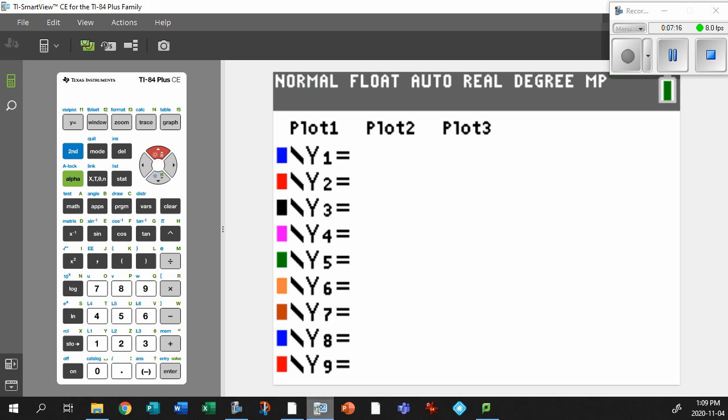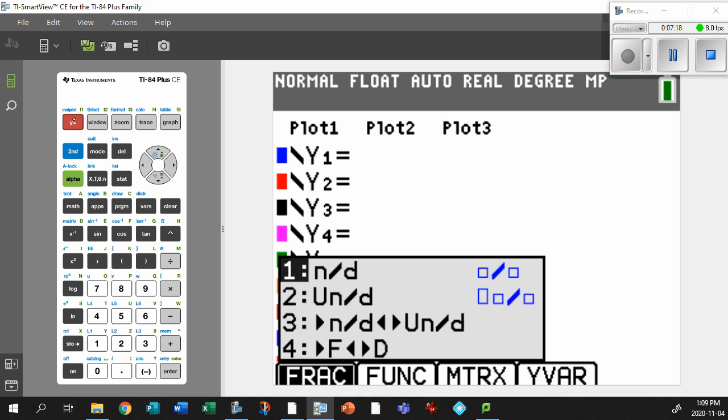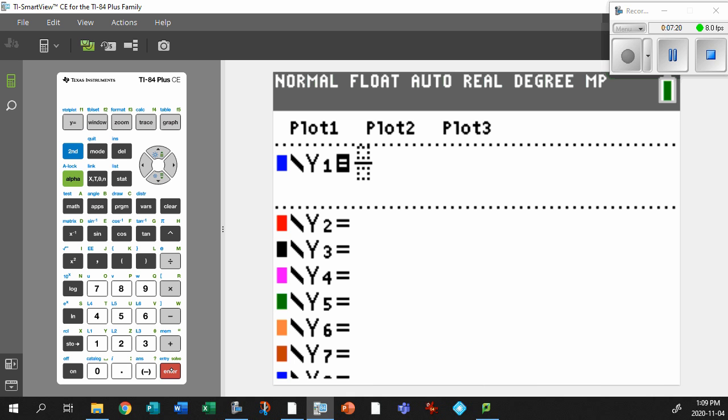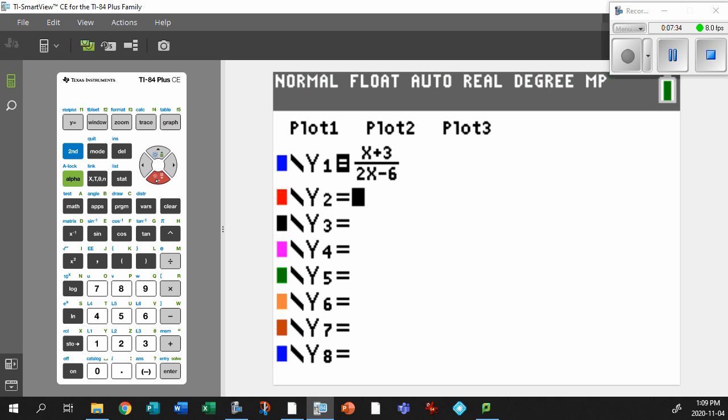So alpha F1. There's my fraction. Let's put my first fraction down, which of course is going to be x plus 3 over 2x minus 6. That's my first equation. Then my second equation is going to be plain old 2x.